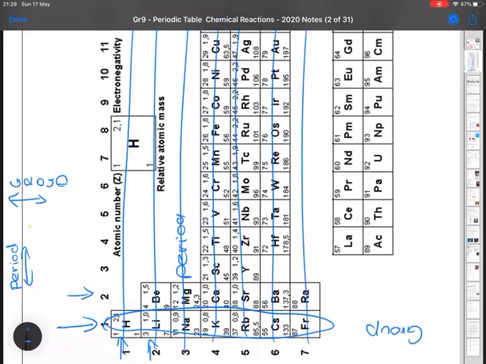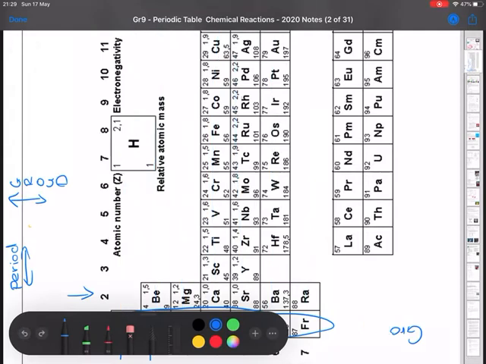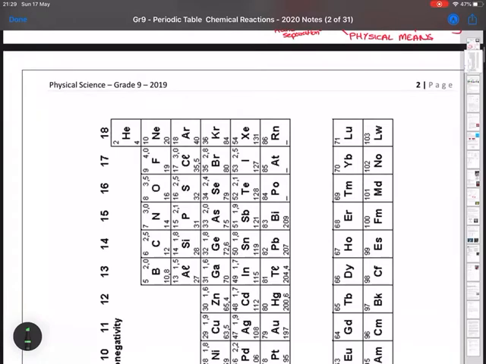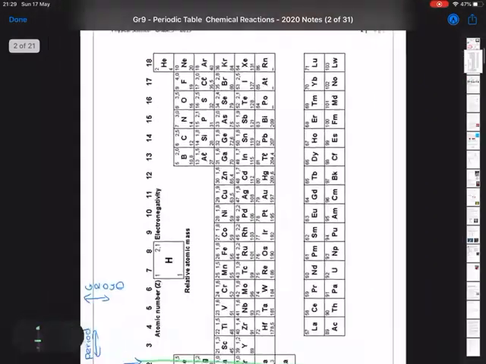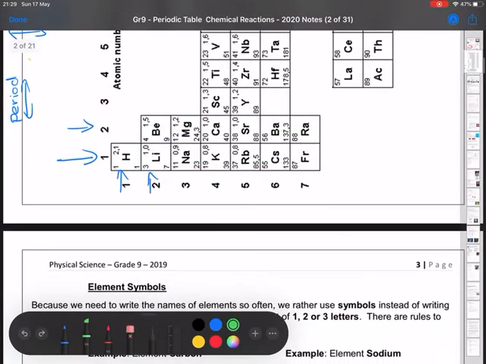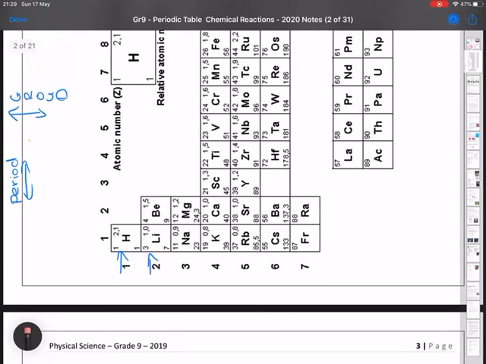And if I talk about groups: group 1, group 2, group 3, group 4, all the way up to group 18. You may see some books that do this slightly differently, and the older convention is to use Roman numerals. If you use Roman numerals, then you've only got 8 groups because we skip what we call the transition metals.